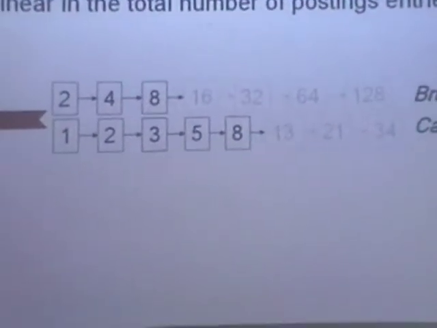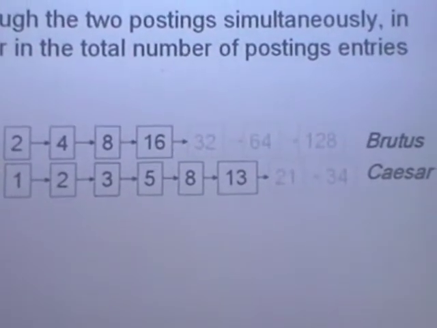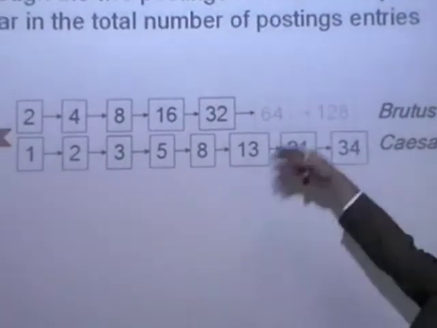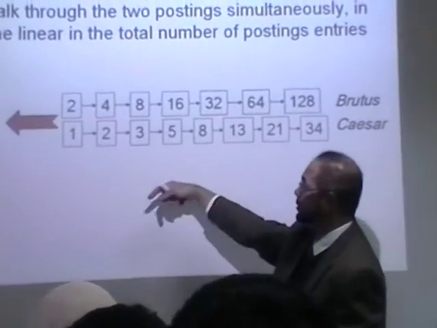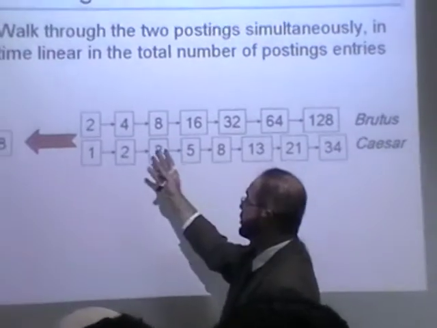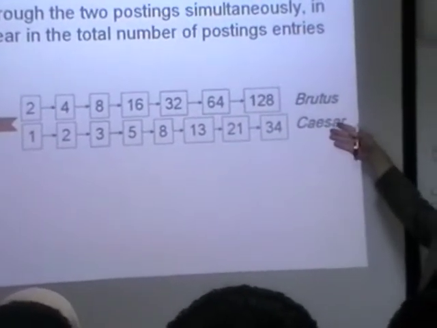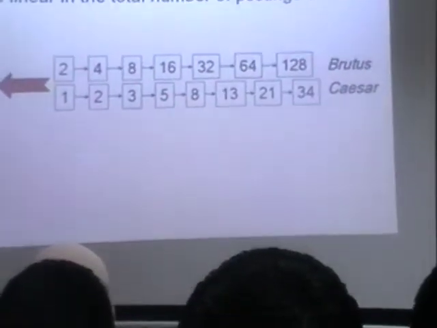So 8 and 8 is a match, so it goes with the answer. The left side is the answer. 2 and 8 are the documents that exist in this list and in this list. So the answer to the query Brutus and Caesar is only these 2 documents, 2 and 8.